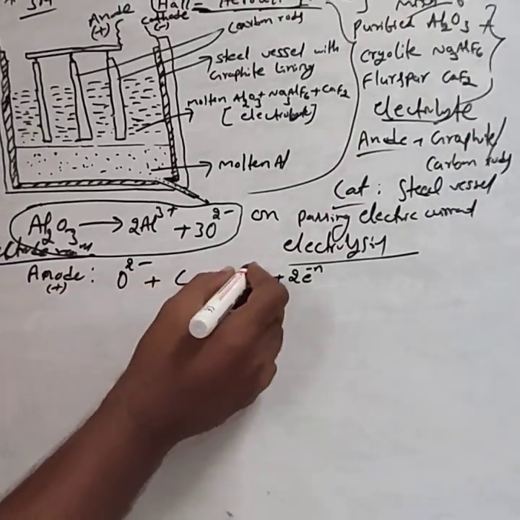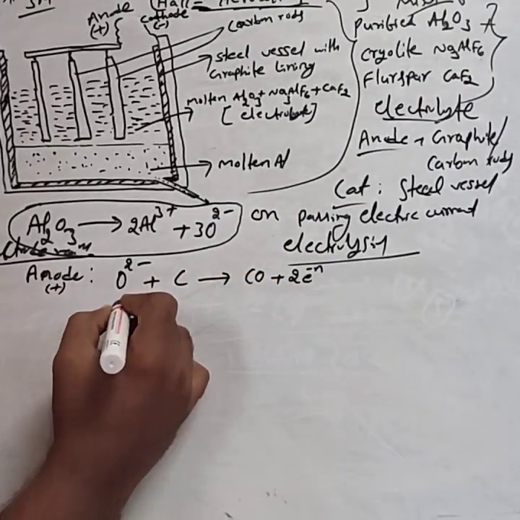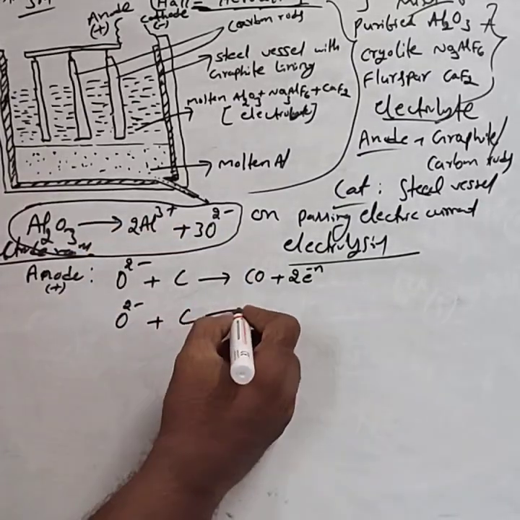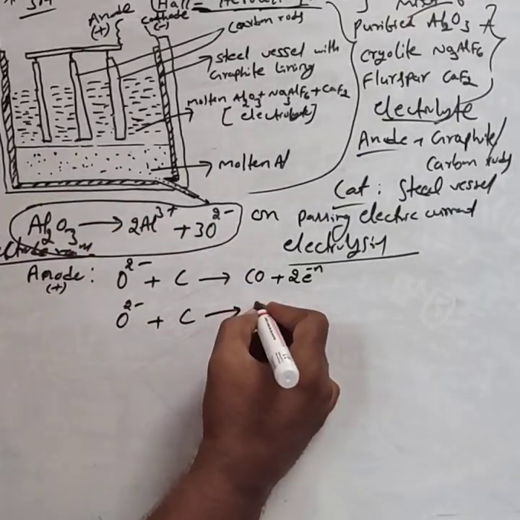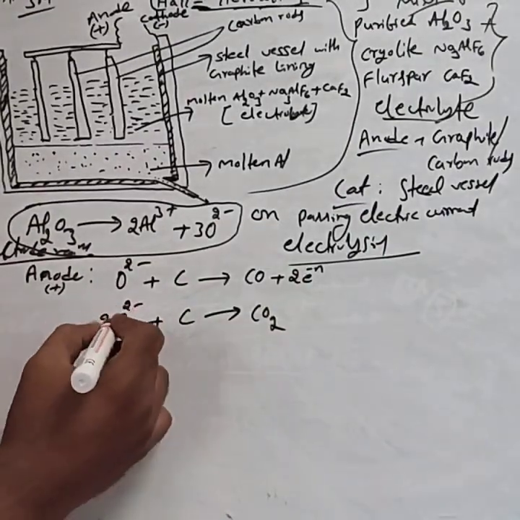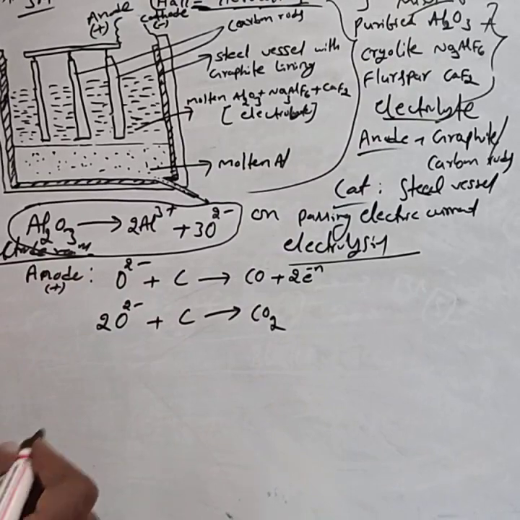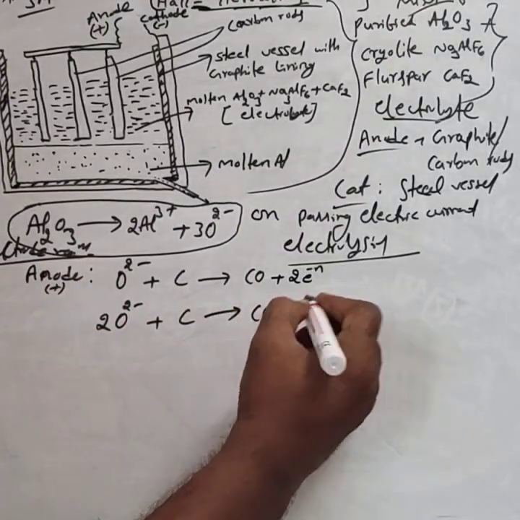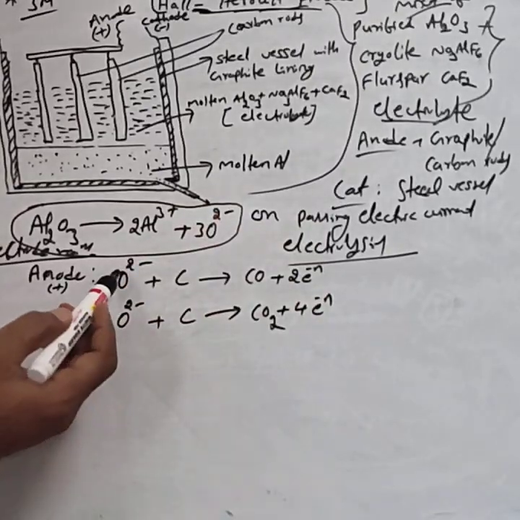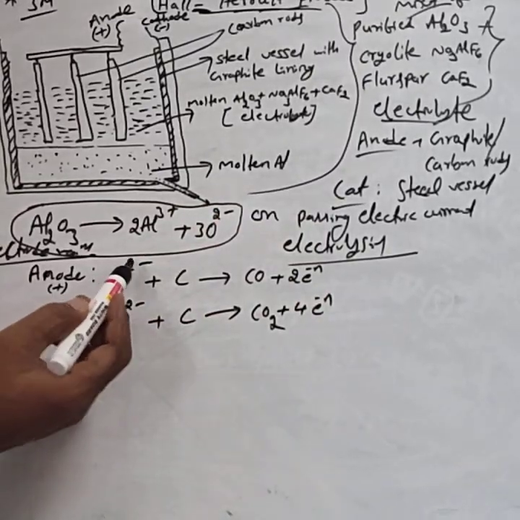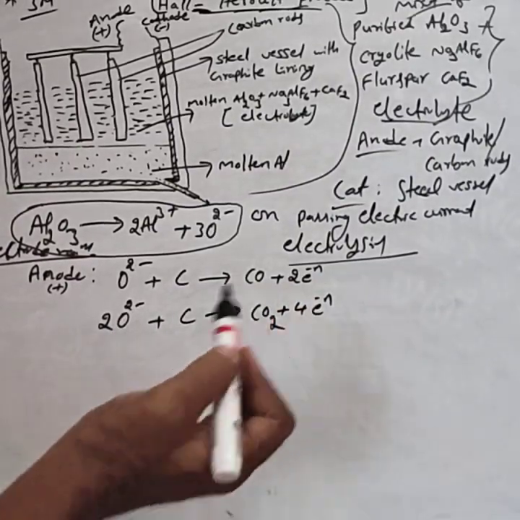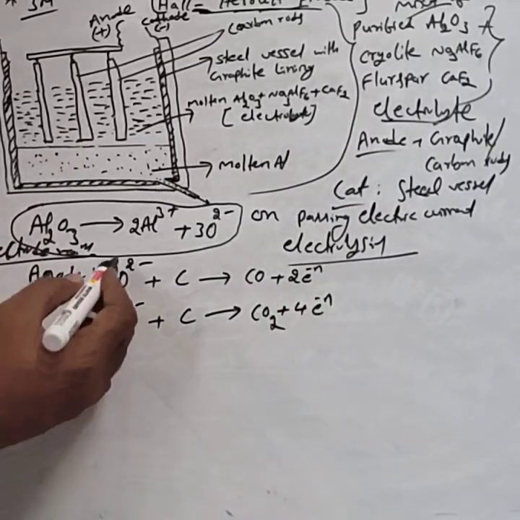Or, instead of forming CO, O2- combines with C and forms CO2. For 1 mole of oxide ion, 2 electrons are lost; for 2 moles of oxide ion, 4 electrons. This is the anode reaction.